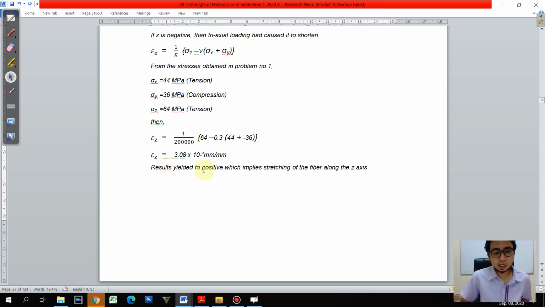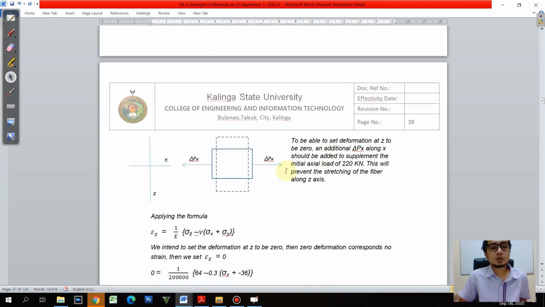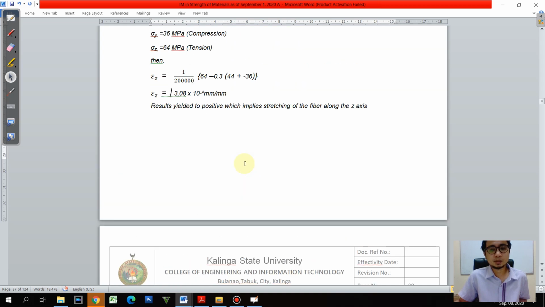Our z elongated. When it elongates, z is the lateral axis, so we need to do the opposite on the longitudinal axis x. When it elongates, that is tension, right? So our lateral should now be compression. But we reverse it, so we will be having a stretch also along the x-axis. Did you get that one?